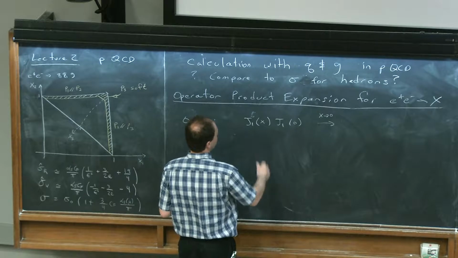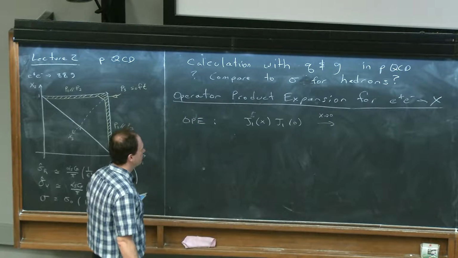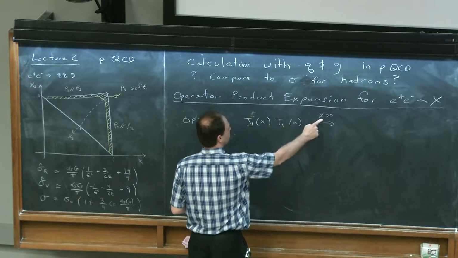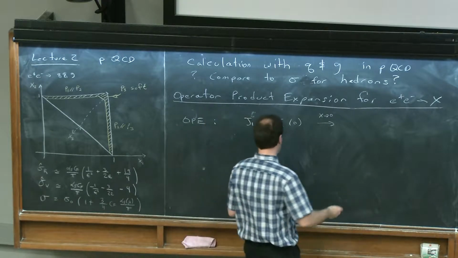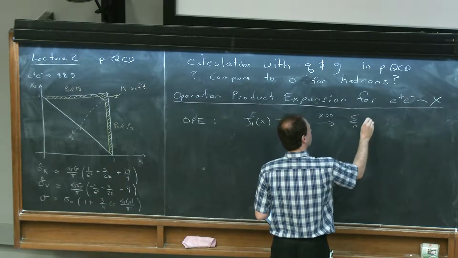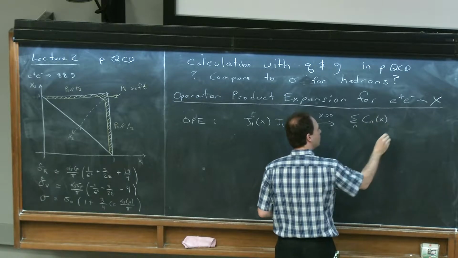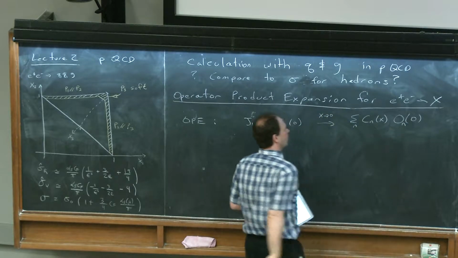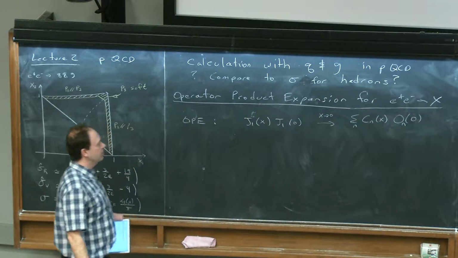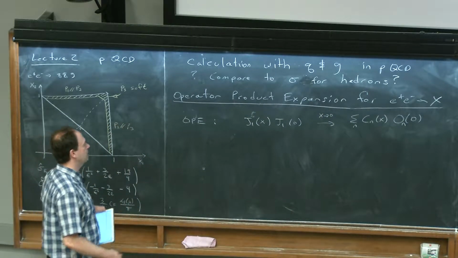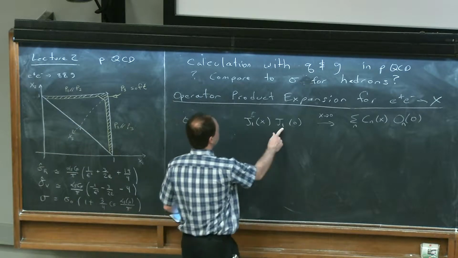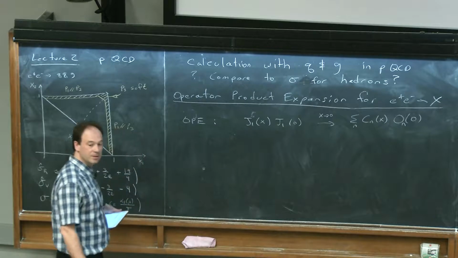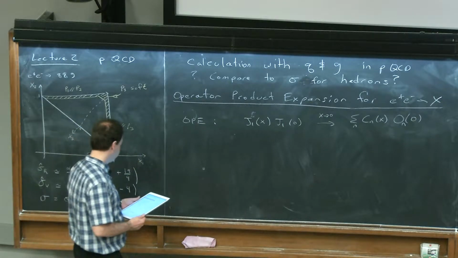When the operators come together, really all we know is the quantum numbers of the operator. And expanding about the limit of x goes to 0 really gives us a set of operators at space-time point 0, and then there are some coefficients. So this idea that I can make an expansion of two space-time separated operators into a set of local operators and coefficients is called an operator product expansion.